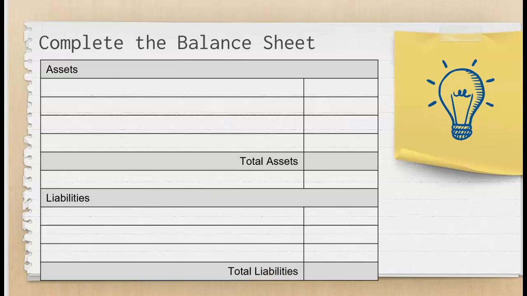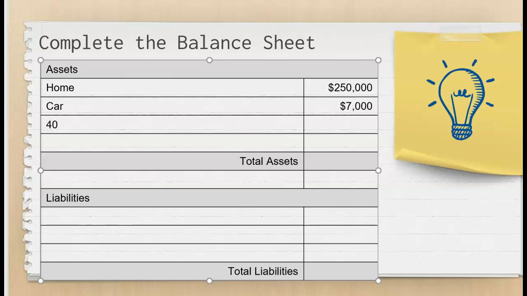Now we take that information from the previous slide and plug it into our balance sheet to create a comparison of assets to liabilities. So the first one we have is our home that is valued at $250,000. We have our car valued at $7,000.